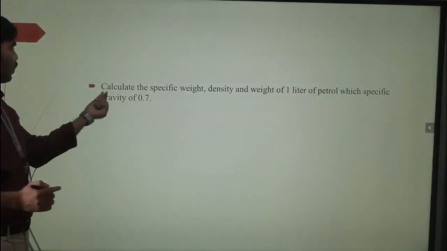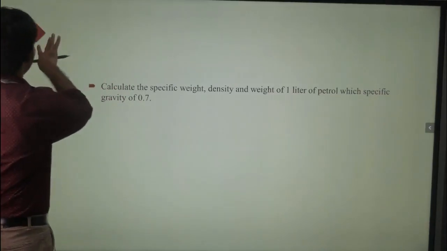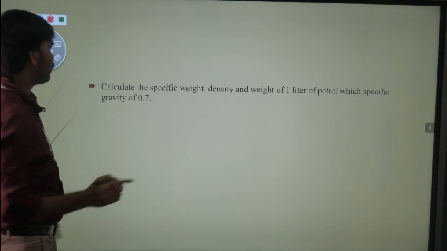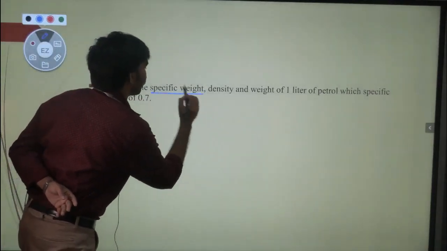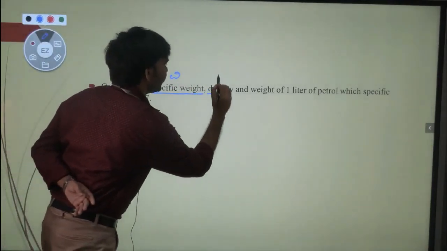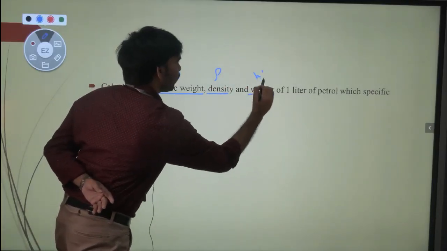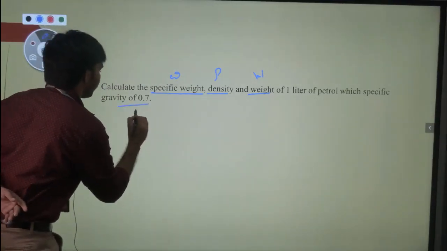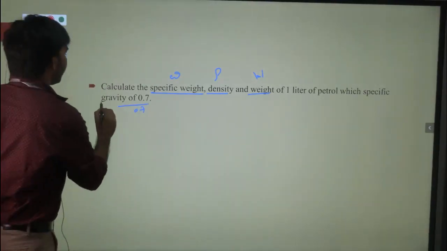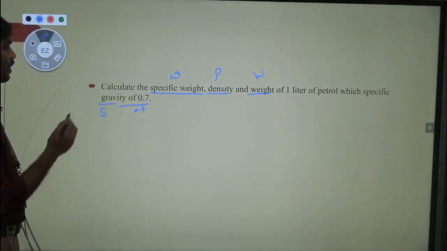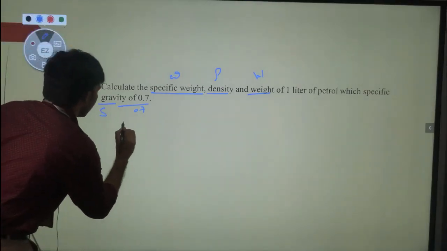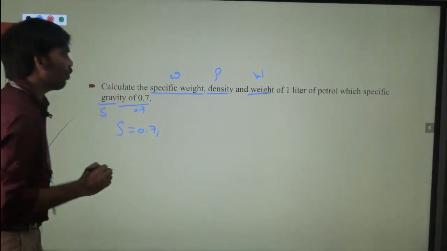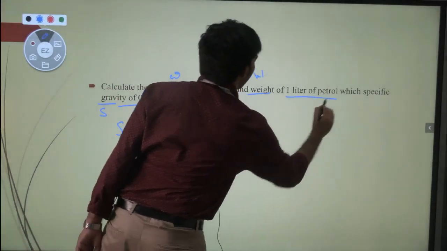The second problem: you have to calculate the specific weight, density and weight of 1 liter of petrol with specific gravity 0.7. What variables are given? The specific gravity of the liquid is given as 0.7, and the volume of the liquid is given as 1 liter of petrol.